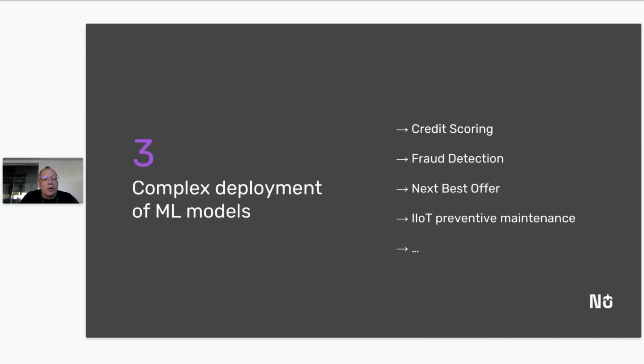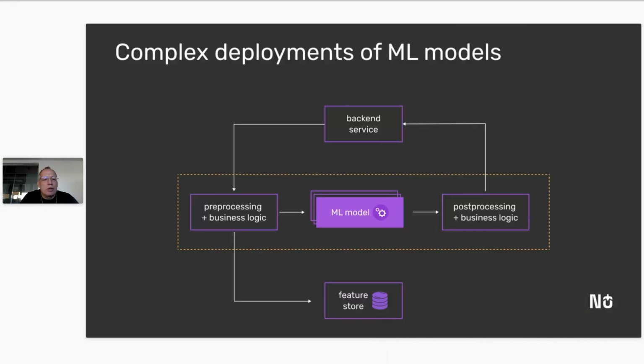The third group of use cases are about complex deployment of ML models. Cases like credit scoring, fraud detection, again, next best offer, etc. And by complex, I mean situations when not all the data required at the input of the ML model are immediately available when the decision algorithm is called.